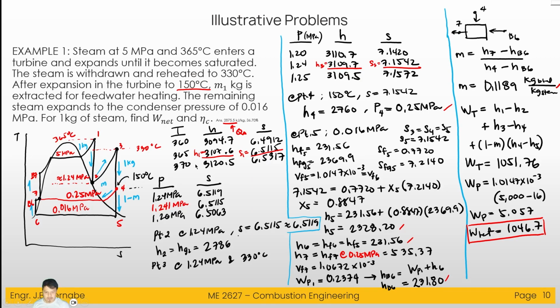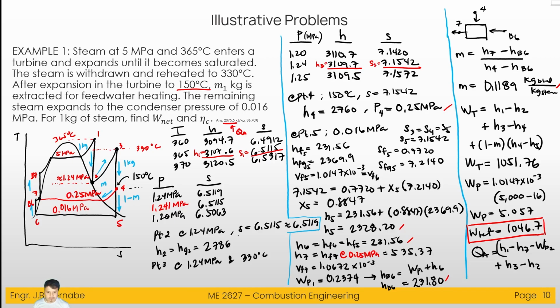Therefore QA is equal to H1 minus HB7, or in other words H7 minus pump work 2, plus H3 minus H2.